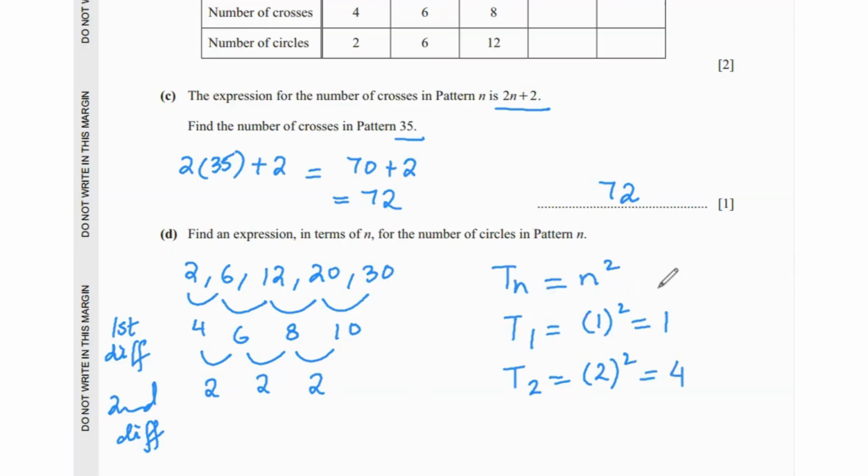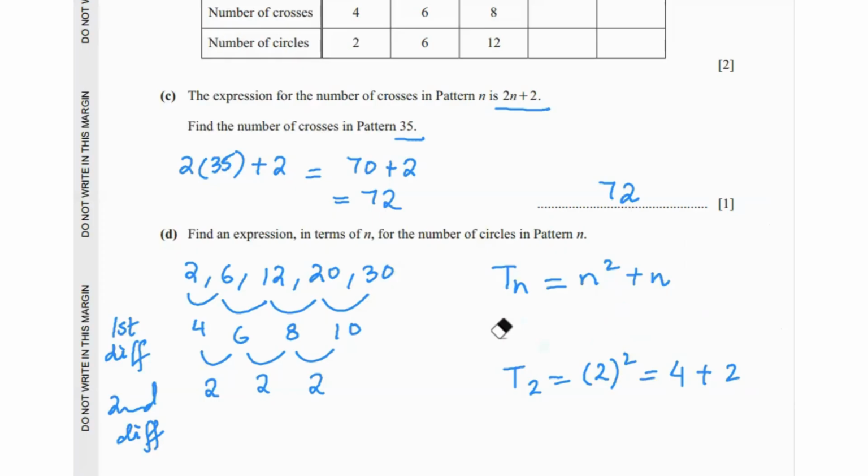So what can we do to turn these into 2 and 6? If I add 1 to this, 1 plus 1 would give us 2, but 4 plus 1 will not give us 6. It's going to give us 5. But if I add the pattern number n to this, then 1 plus 1, 4 plus 2. Because we're adding the pattern number to it, we're not adding any random number.